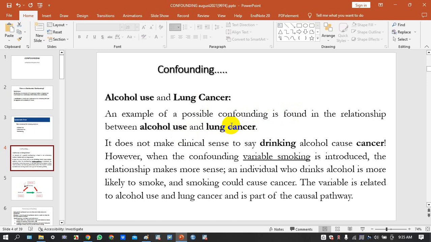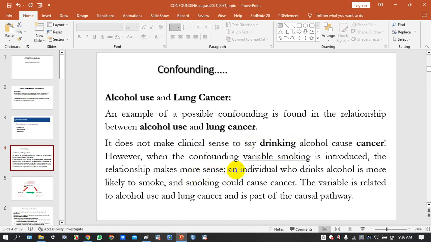How does alcohol use cause lung cancer? It does not make clinical sense to say drinking alcohol causes cancer. However, when the confounding variable, smoking, is introduced, the relationship makes more sense.